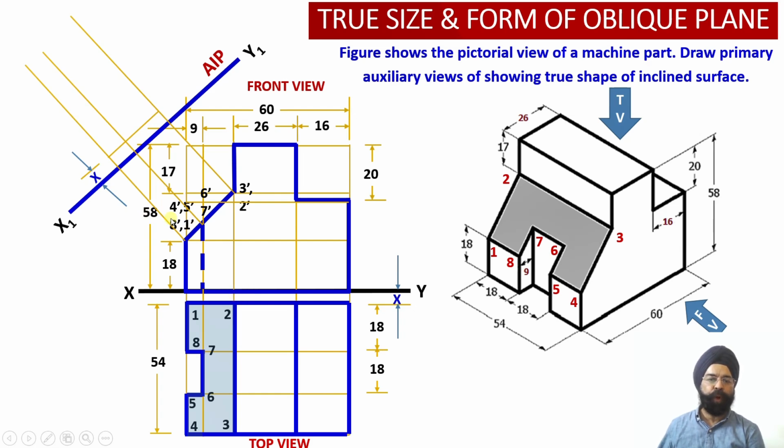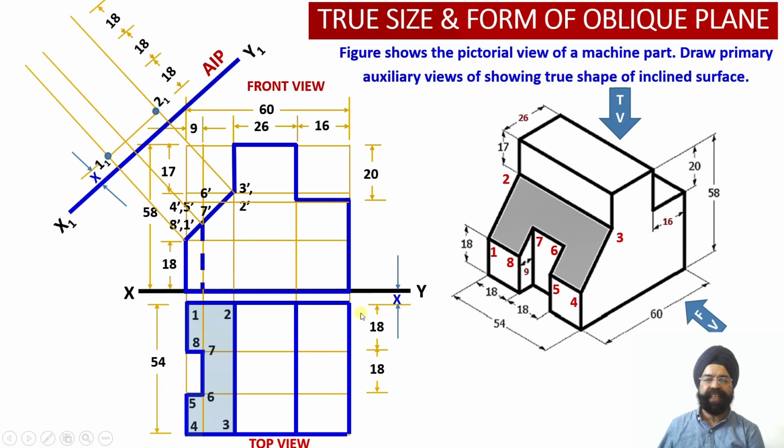Now on the corresponding projection lines, I will be marking these 2 points as 1 1 and 2 1. This is the projection line corresponding to 1 dash, and this is the projection line corresponding to 2 dash. So over here, I will obtain the point 1 1, and over here, the point 2 1. So these 2 points have been located, 1 1 and 2 1.